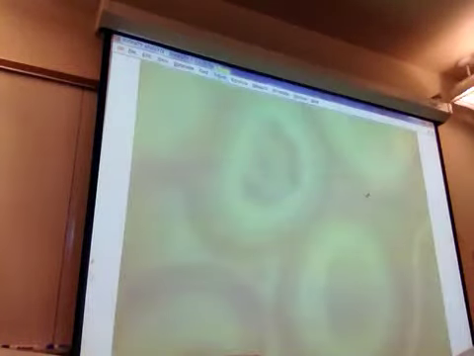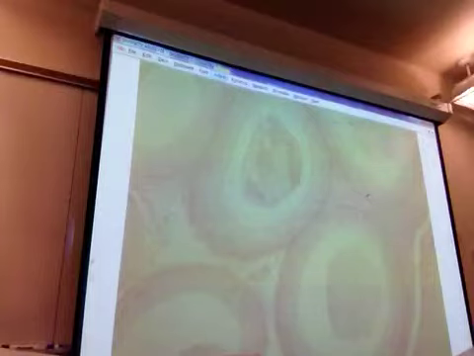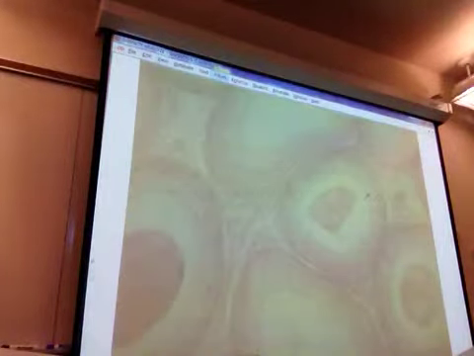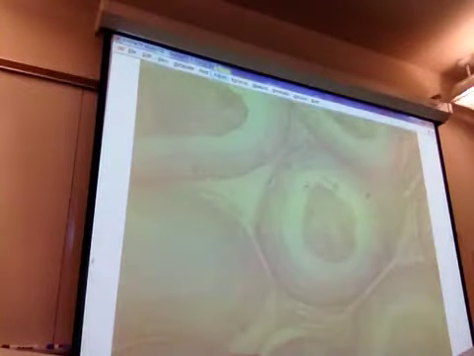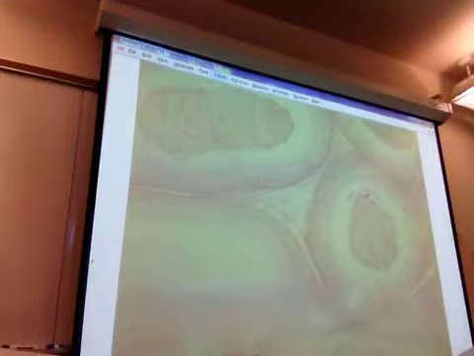What type of epithelia is this? Pseudostratified ciliated columnar epithelium. So those, is that the sperm? Yep. That's sperm and seminal fluid.